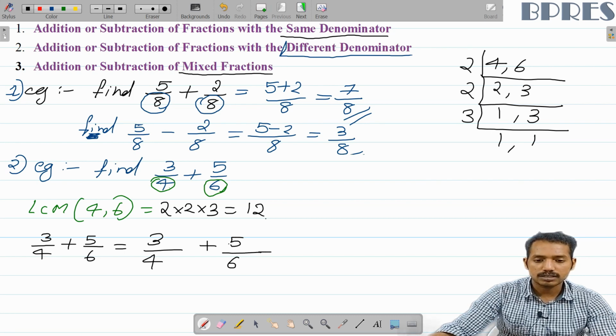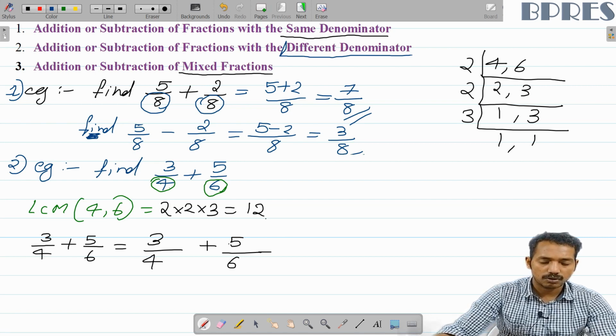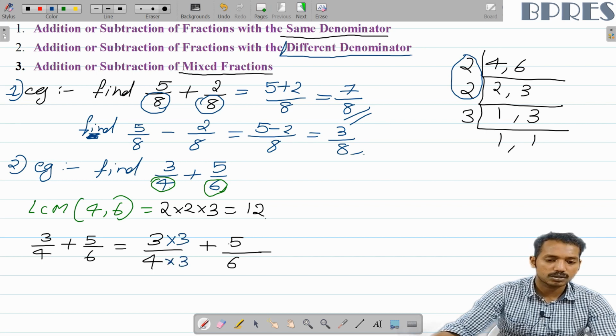And to make these denominators 4 and 6 into LCM, what can be done? Here see, denominator 4 is there, that means 2 into 2 is already there. Clear? Now one more 3 is remaining to make 4 into 12. So just multiply both the numerator and denominator by 3, so that 4 into 3 we will get 12.